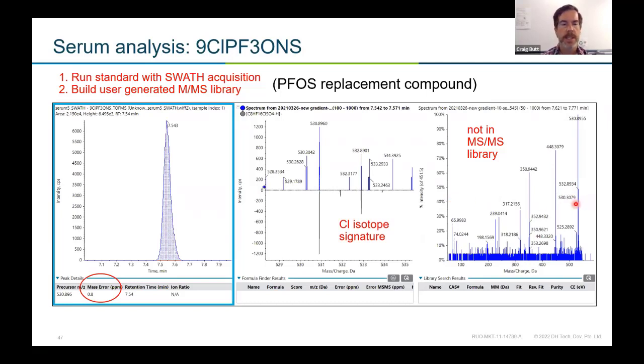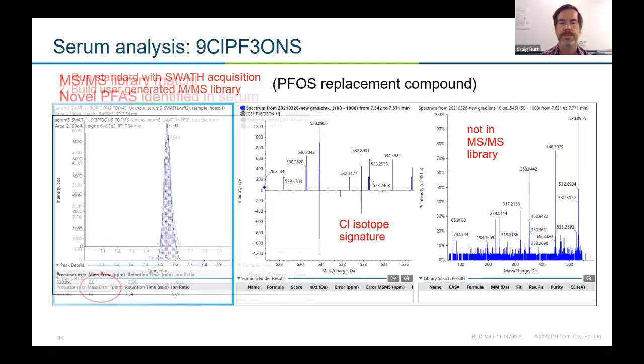The reason is that this is a fairly new compound for most people, and it's just not in our database. So we thought, what else can we do to take that extra step to confirm? We did that by running a standard and performing that fragmentation, so that we had it in our database that we could then search against to confirm.